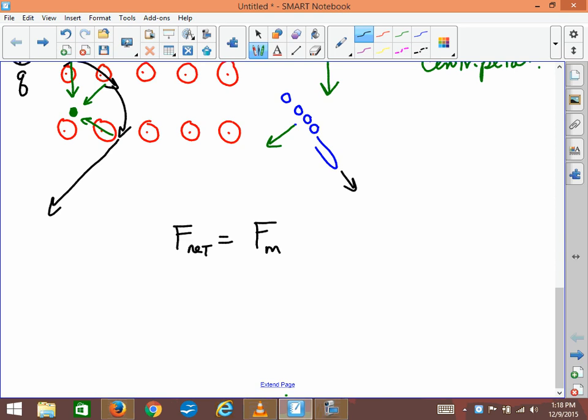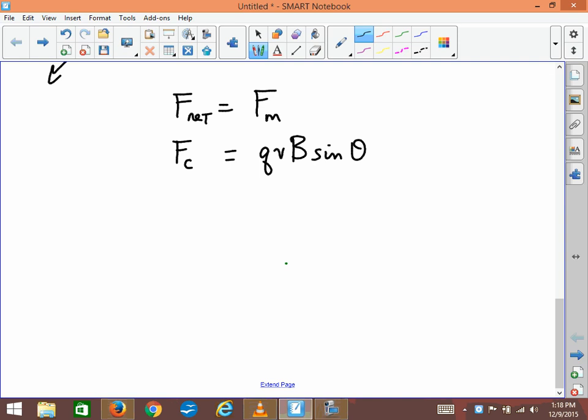Now, we just finished saying that the magnetic force was equal to qvB sine theta. And we also said that the F net is a centripetal force. So this is a centripetal force, which means that mv squared over r, that's the formula for centripetal force, equals qvB sine theta.